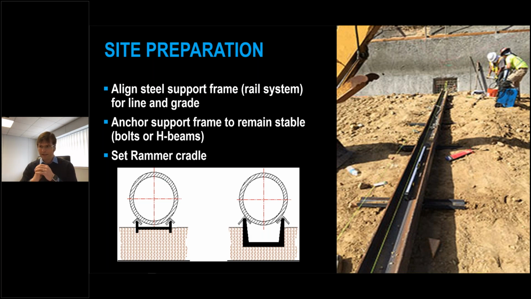Also, what is very, very important to remember, if you are installing segments of steel pipe, you want to make sure that you allow for these to be welded together on site. So you want to leave what we call weld sumps to enable you to weld all the way around the pipe.